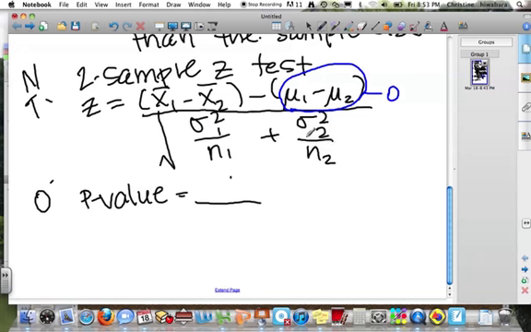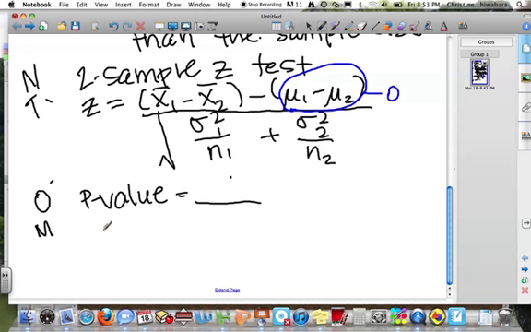Yes, you can write the formula over there, but you need to have these values put in. So if they tell you that the sample mean for the first sample is 5 and this is 3, you're going to have a 5 minus 3 minus a 0 divided by the square root of whatever these values are. So make sure that all those numbers are put in. That's important for you. It's more important that you enter the values in than it is for you just to reiterate the formula that's in your formula packet, right?